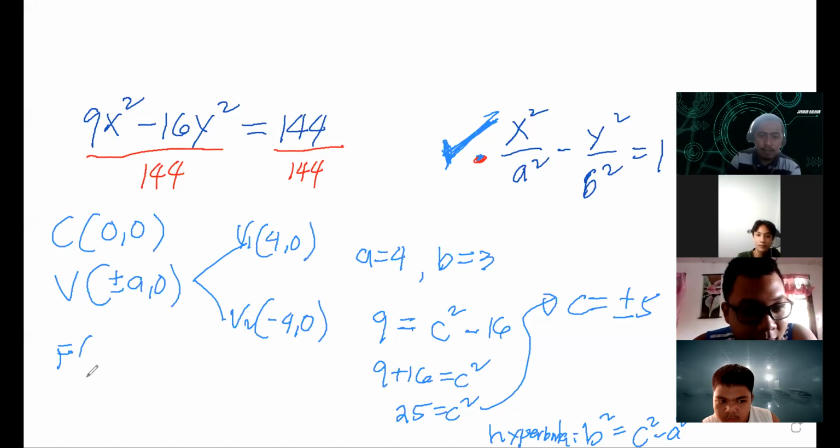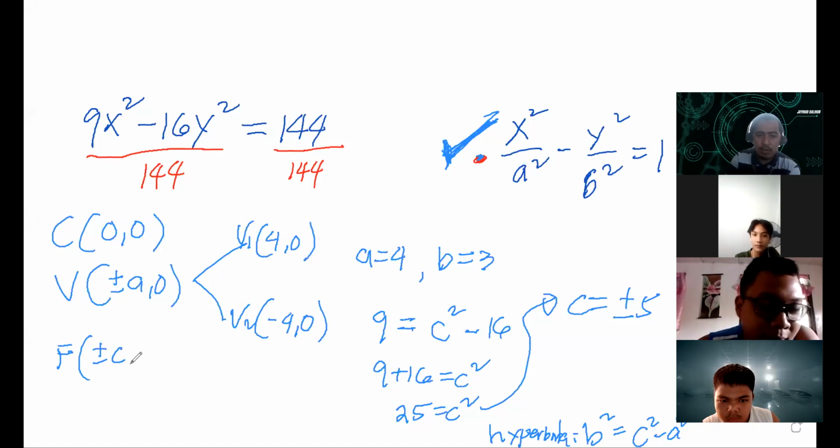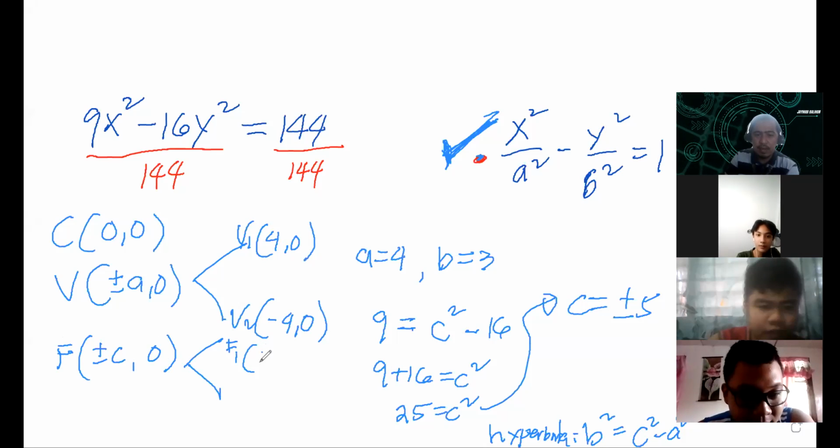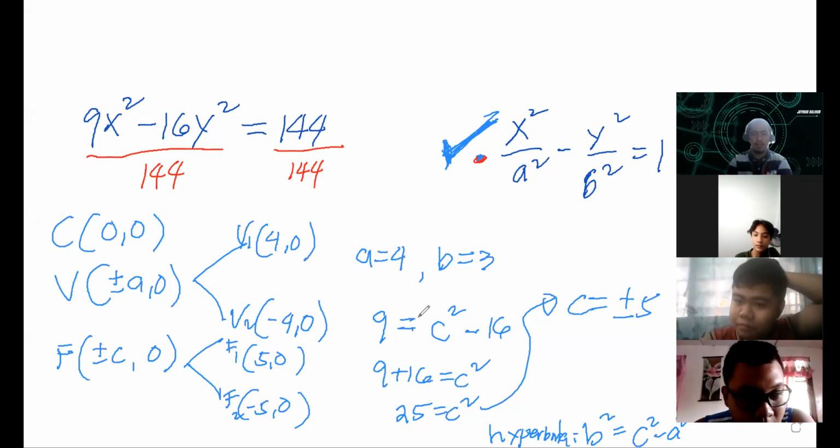How about your foci? It should be plus or minus c, right? What is your c? 5. Positive 5. So focus 1 is 5, 0, and your focus 2 should be negative 5, 0.